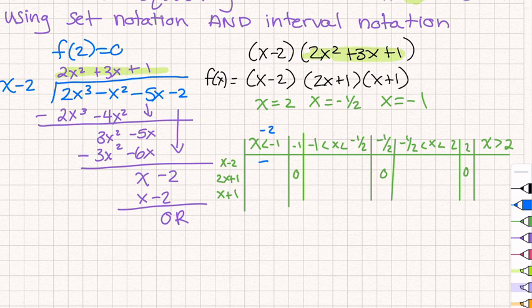If I sub it in here, 2 times -2 and then plus 1, we still get a negative, and then -2 plus 1, we get a negative. So overall, it's negative.